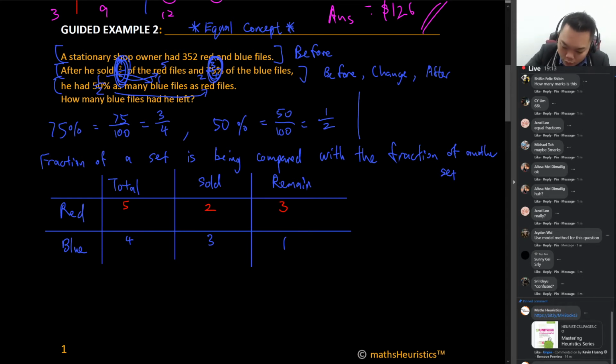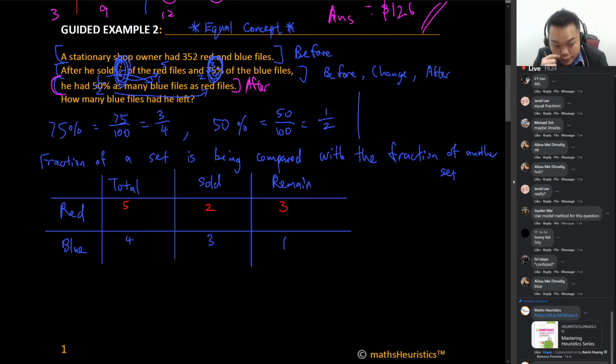Okay, so now the last part is how do we deal with this after result, which is what is left. He had half as many blue files as red files. How or what are we going to do?